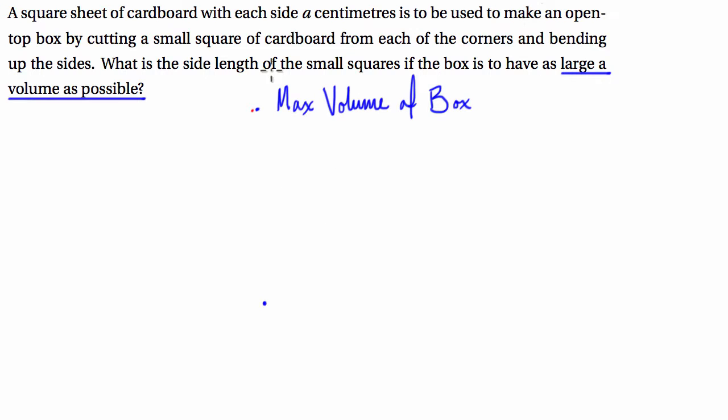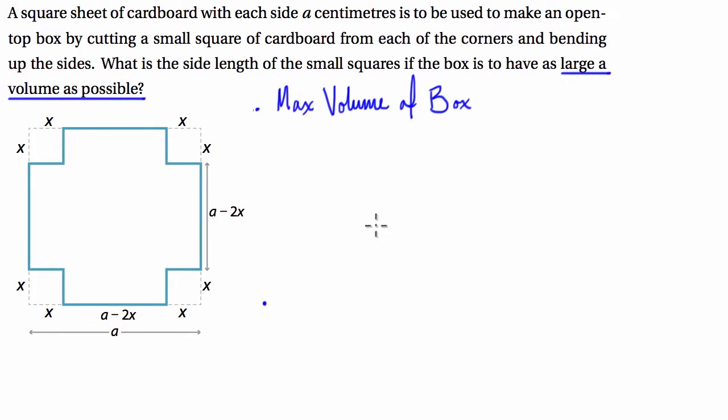Cool. After we've read this question, it's probably a good idea to draw a picture of the situation we're given, like the one I prepared earlier.